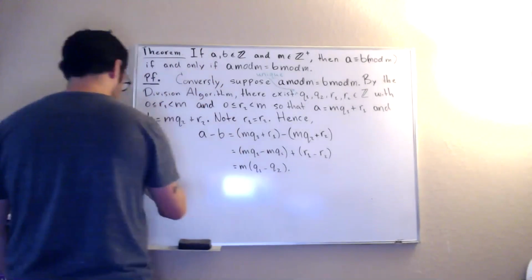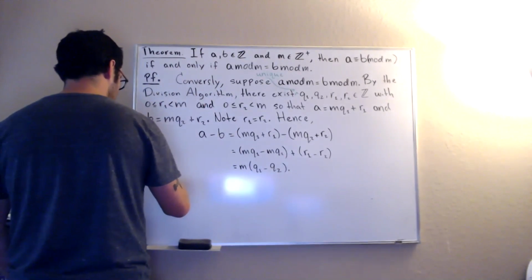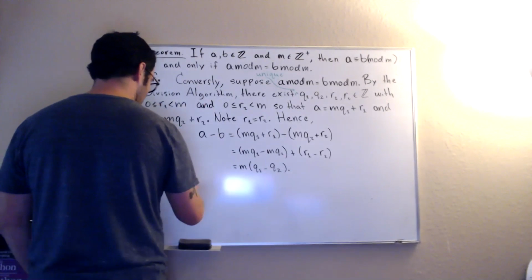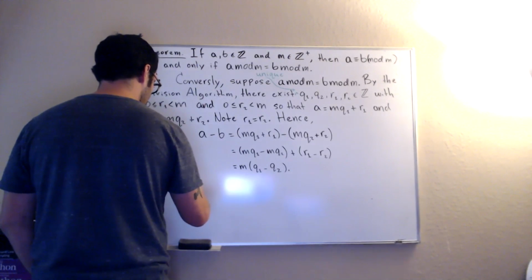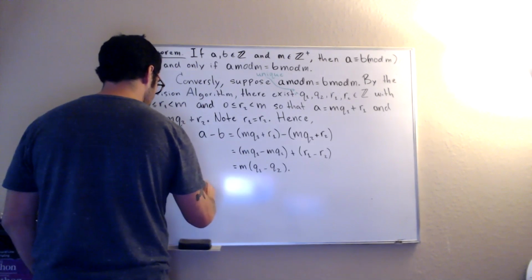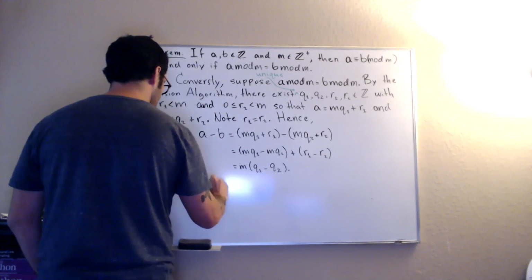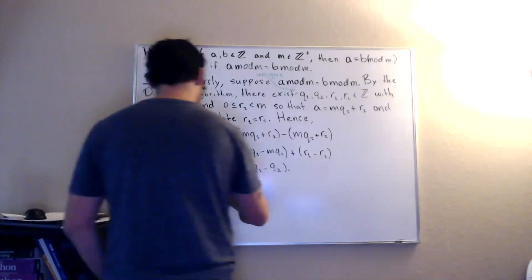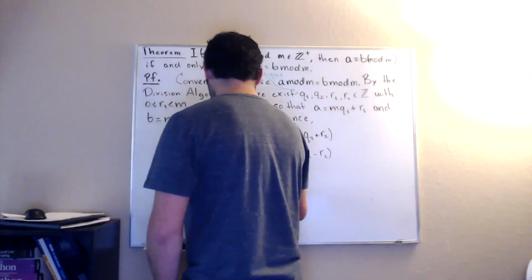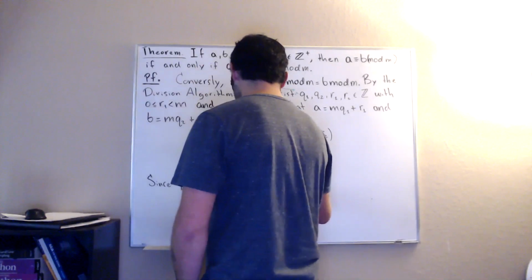And then, since q1 minus q2 is an integer, m divides a minus b by definition.